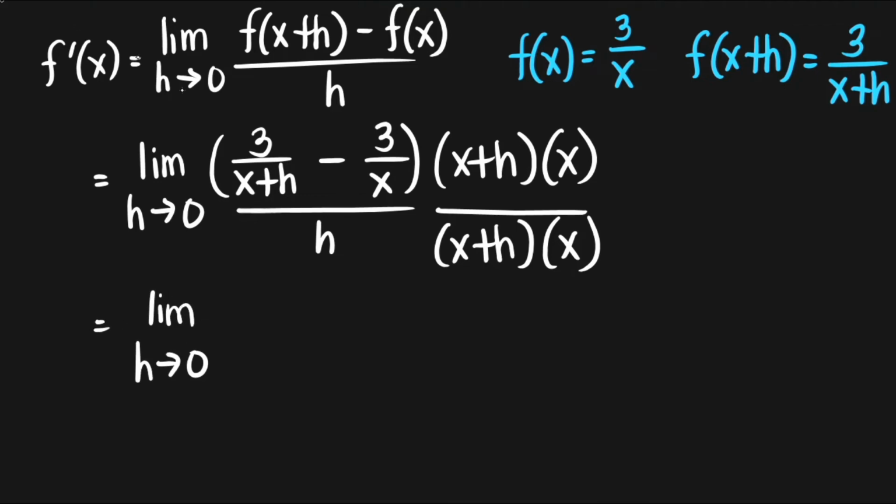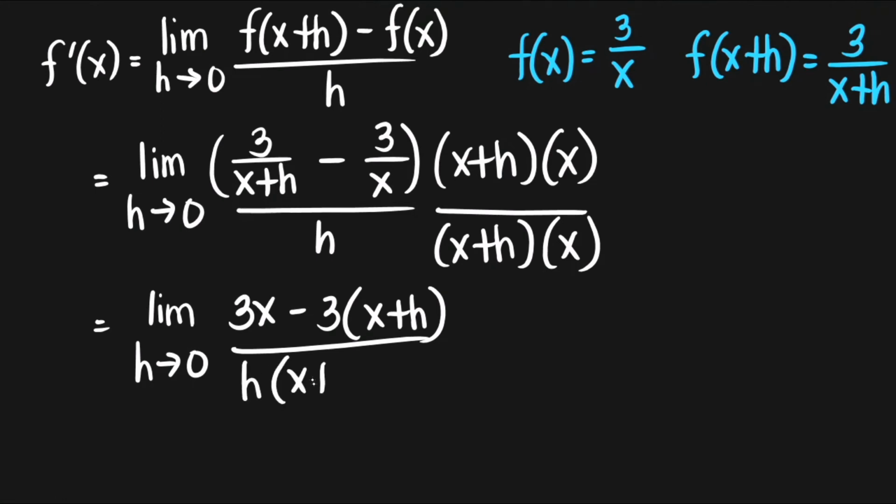Multiplying this term with x plus h and x, we can cancel x plus h, leaving behind 3x. Multiplying this term with x plus h and x, we can cancel x, leaving behind minus 3 times x plus h. On the bottom, we have h times x plus h times x.